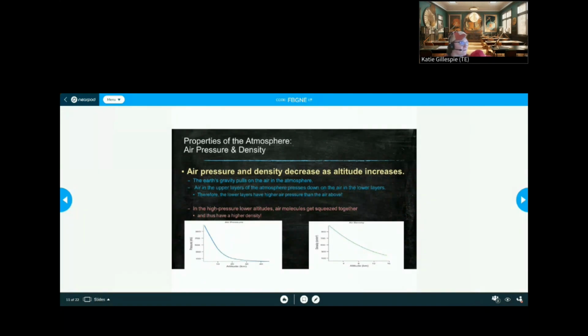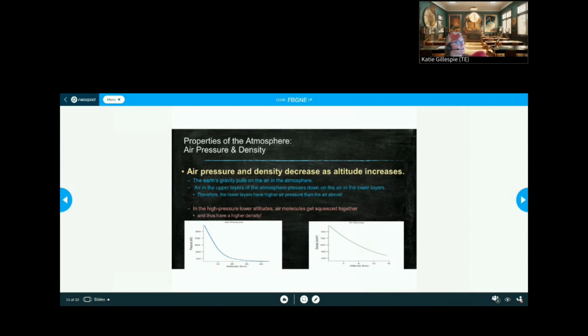So as we move away from the surface, air pressure decreases. One reason for density doing the same as it does in interior Earth is because of this air pressure, because the air pressure at the surface is bringing those molecules together and making them so tightly packed that the air itself is denser.